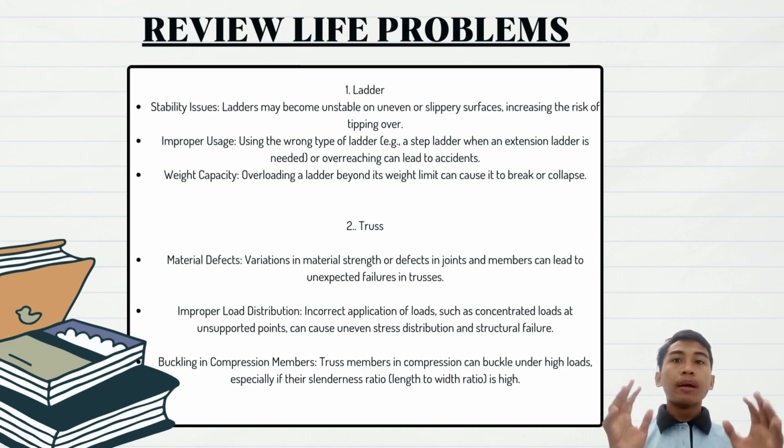Okay, number 3, buckling in compression members: truss members in compression can buckle under high loads, especially if their slenderness ratio, length to width ratio, is high.